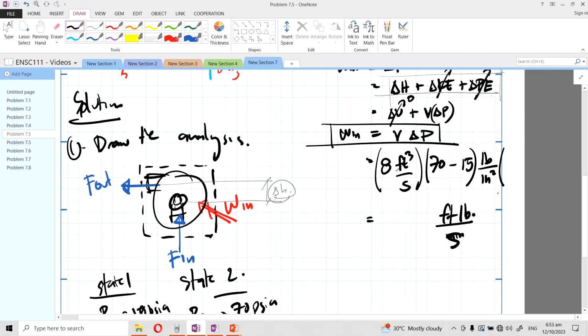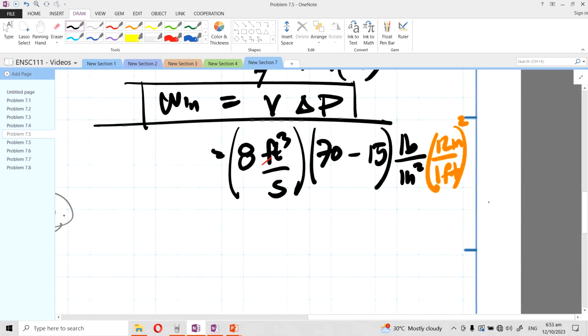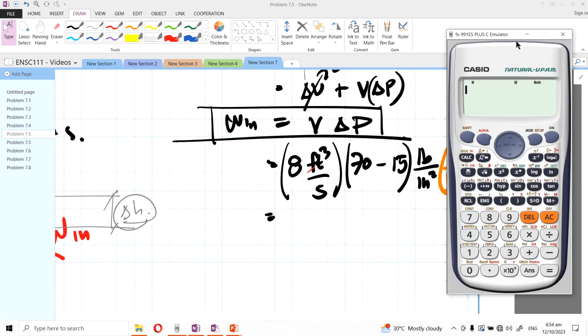So let's multiply by the conversion factor. How many inches are there in a foot? You have 12 inches divided by 1 foot, but this is squared, so therefore we need to square this term. Okay, so let's do the computation.